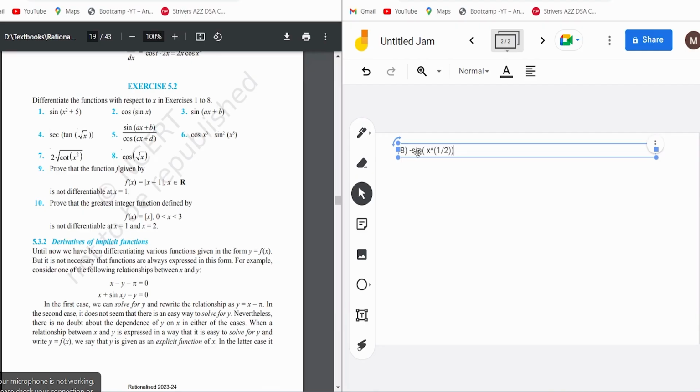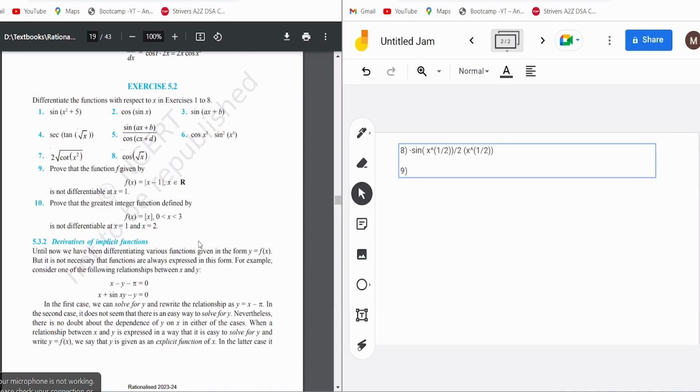It is nothing but 1 upon 2 root x. So divided by 2 times root x. Okay, so this is the differentiation of cos of root x. I hope you understood it. Let's move ahead to the next question.